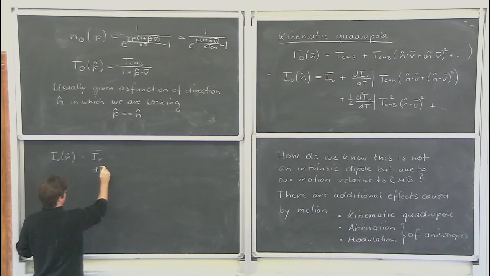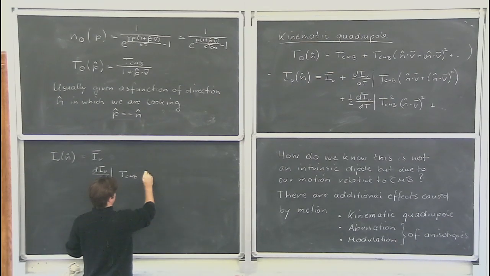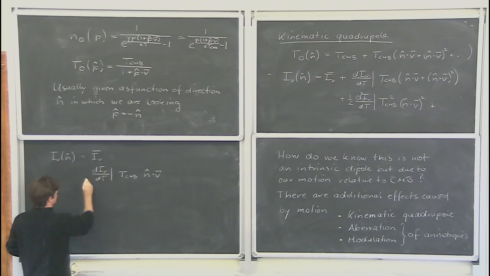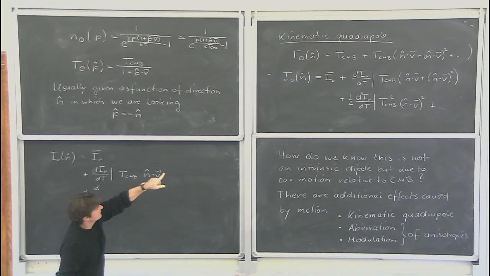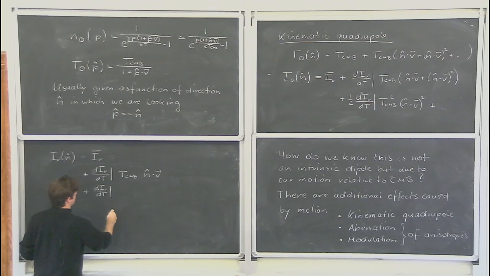So let's write it as dI/dT evaluated at the CMB temperature times T_CMB times n hat dot V, and then there's plus, and let's again start with the second order term that has this thing in there, so dI_nu/dT evaluated at the CMB temperature, and then we have two contributions.